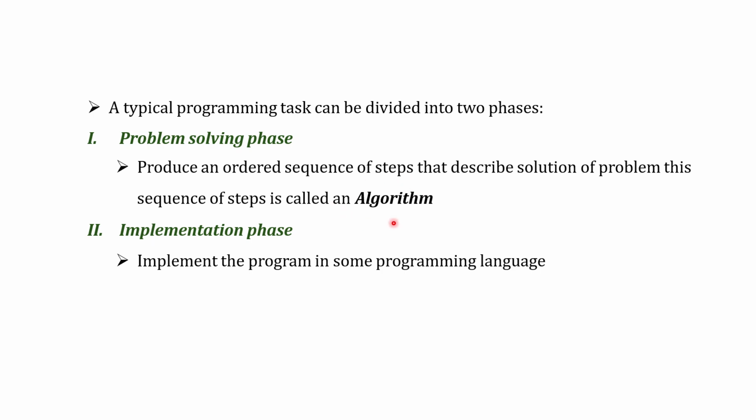The formal definition of that is algorithm. And the implementation phase uses any kind of programming language. It's not just C. It can be any sort of programming language to implement this algorithm. So that is the implementation phase.